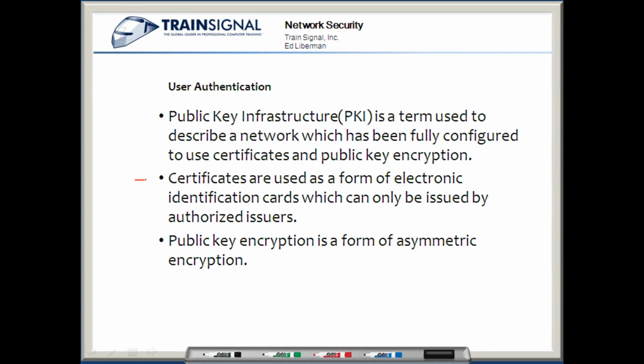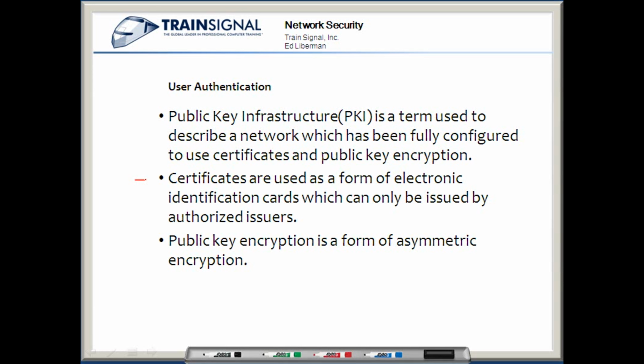One of the most well-known public certification authorities is something called VeriSign. You may have seen that name or heard that name out there. And these certification authorities are what's known as trusted parties.